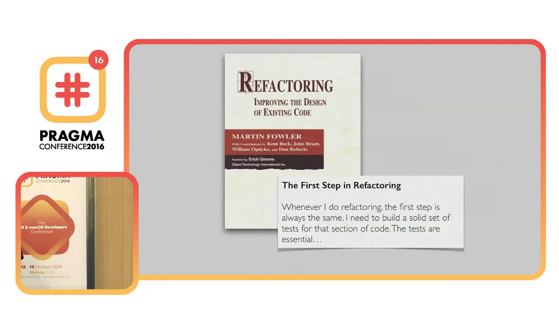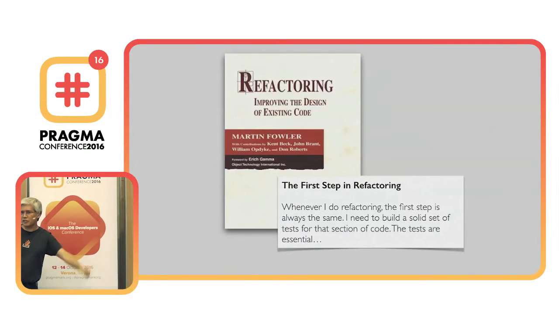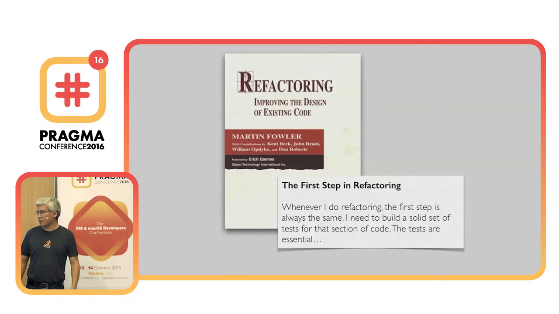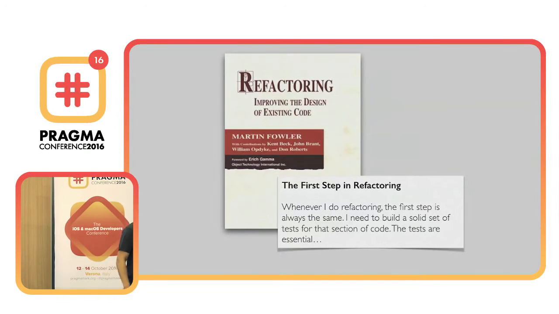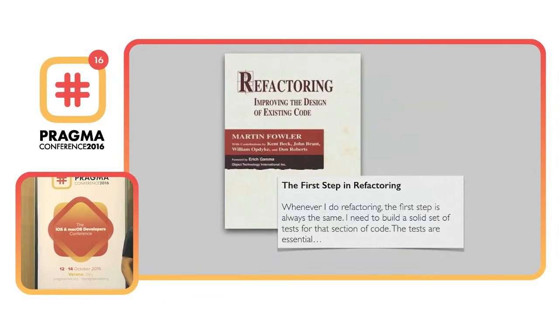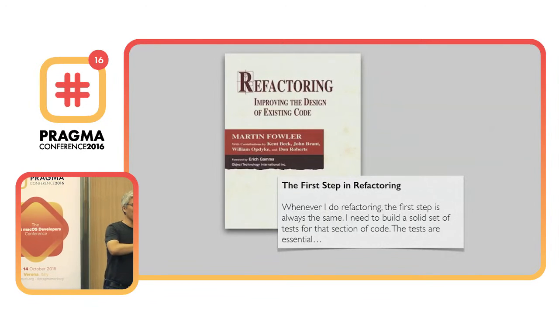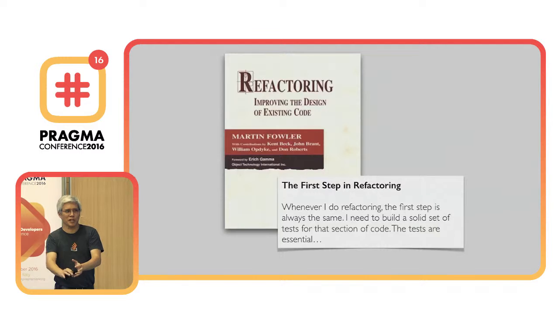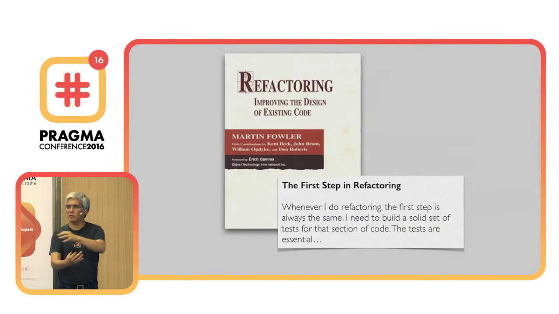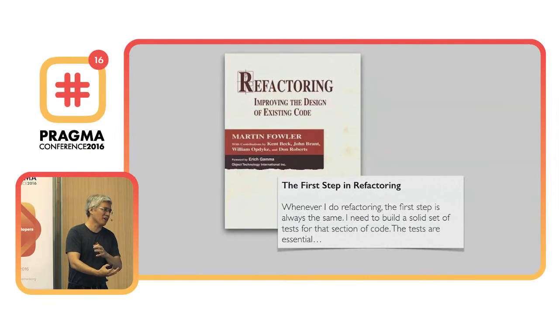I need to build a solid set of tests. For that section of code, the tests are essential. Each refactoring in the book lists a series of steps to follow. It says, change this, bring this over, run the test, make this other change, run the test, make this other change, run the test. The tests come into play very often and are very important.